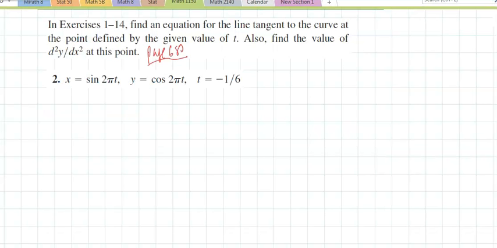We'd like to start with problem number 2 on page 680. It says, find an equation for the line tangent to the curve at the given defined point.